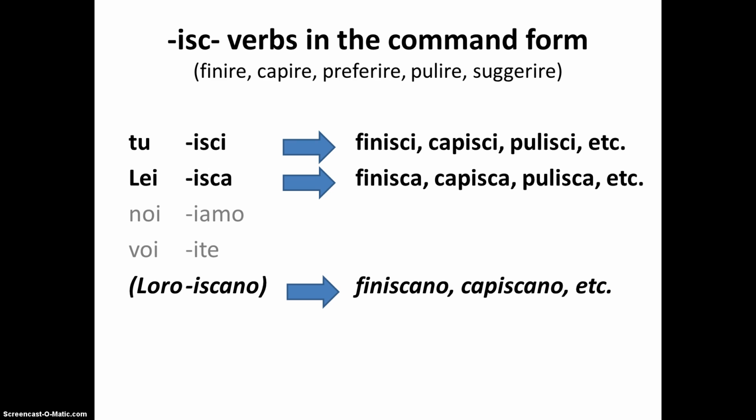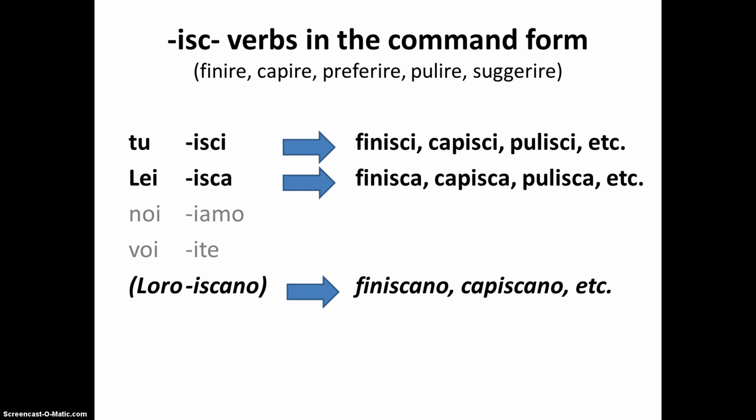In this slide, we will look at a special group of verbs in the command form. Verbs with the irregular -isc conjugations, like finire, finisco, capire, capisco, capiscono, preferire, preferisco, preferiscono, pulire, pulisco, suggerire, suggerisco.